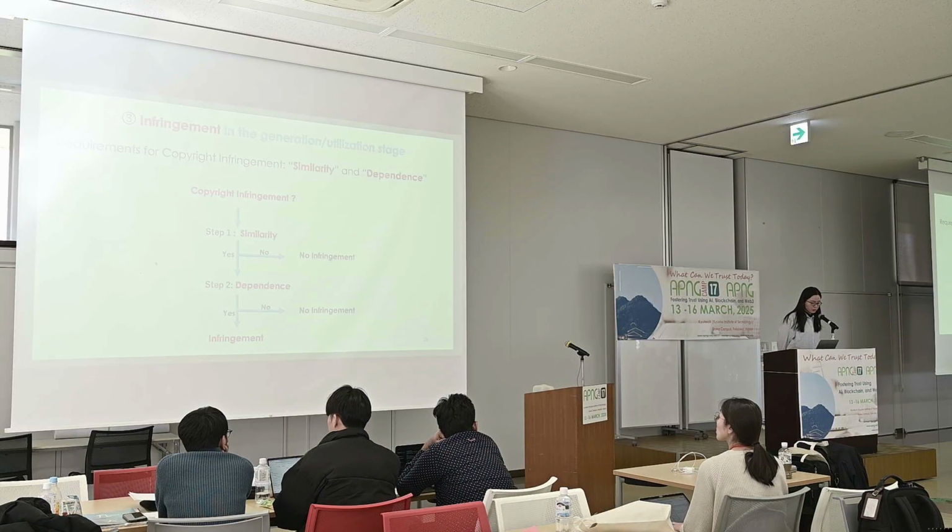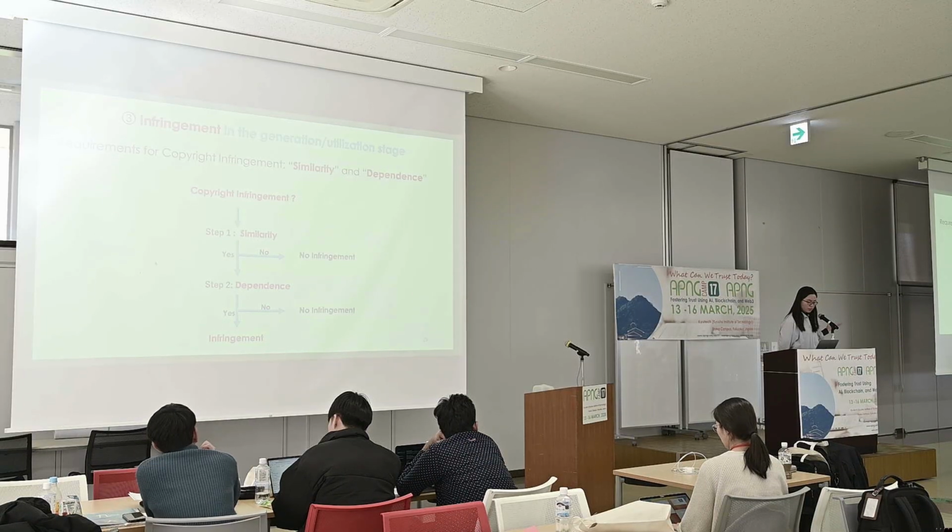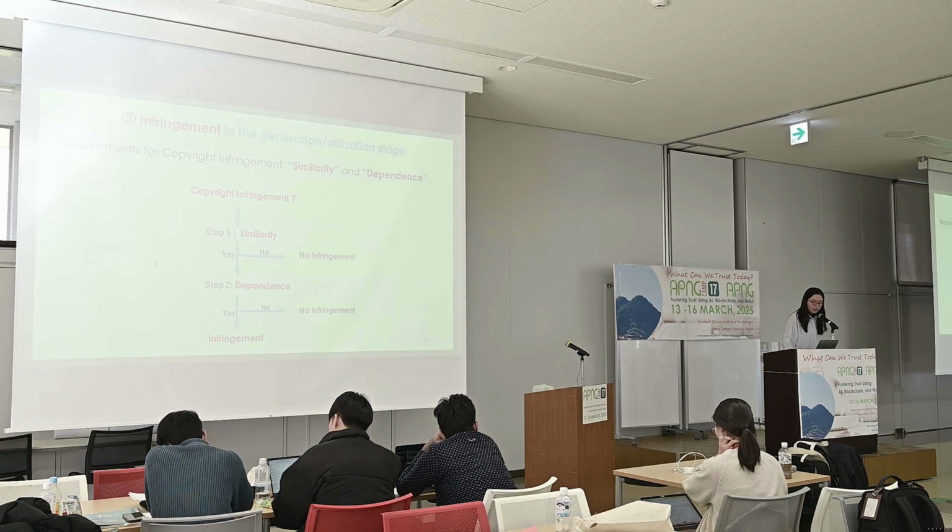It is based on two conditions. First is similarity, and second is dependency. First consider similarity. If the similarity is confirmed, then we consider the dependency. If these two are both satisfied, then the infringement succeeds. Otherwise, there is no infringement. This is not only for AI, but also for the normal case.